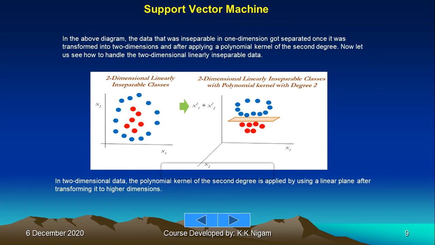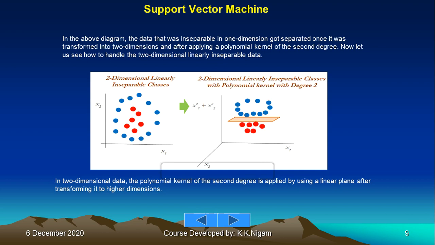So we transform from a single dimension to two dimensions, after applying a polynomial kernel of the second degree. Now let us see how to handle the two-dimensional linearly separable data. You can see that the data appearing in the left picture, which is circular type, has been separated with the hyperplane, and we got the blue balls and the red balls separated. So that is what can be done with the help of this SVM approach.